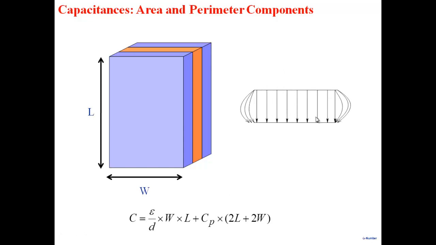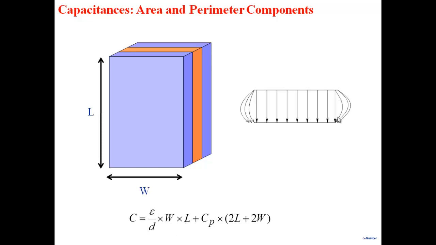Of course, there are field lines here, and you also know that there are fringe fields. If I want to describe the capacitance, note that the main part will scale with the area of the plates. This is the standard capacitance you know, epsilon by d, W into L.